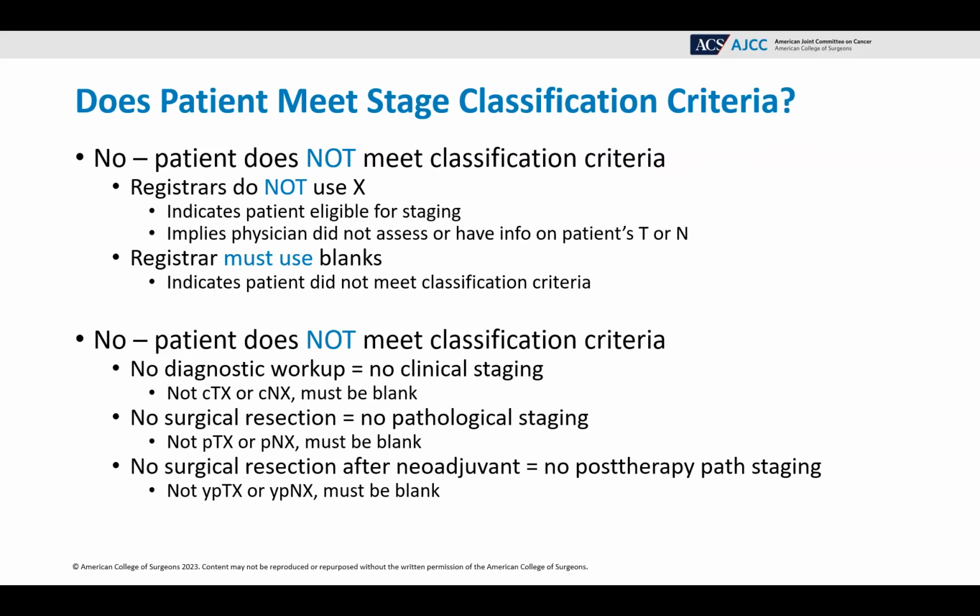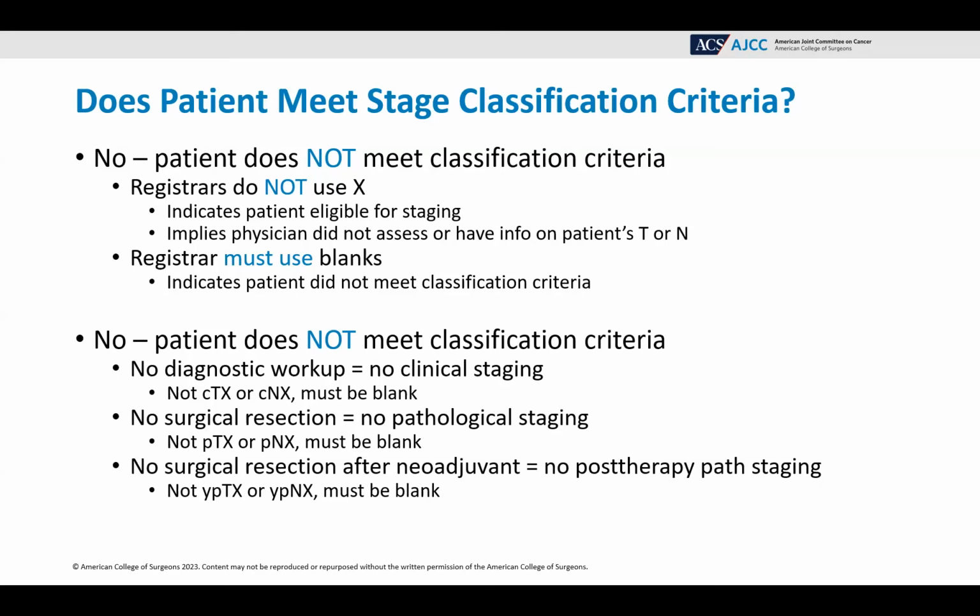Now, what if the question, does the patient meet the stage classification criteria? What if it's no? Patient does not meet that classification criteria. For example, it was an incidental finding at the time of surgical treatment, and so there's no clinical staging.